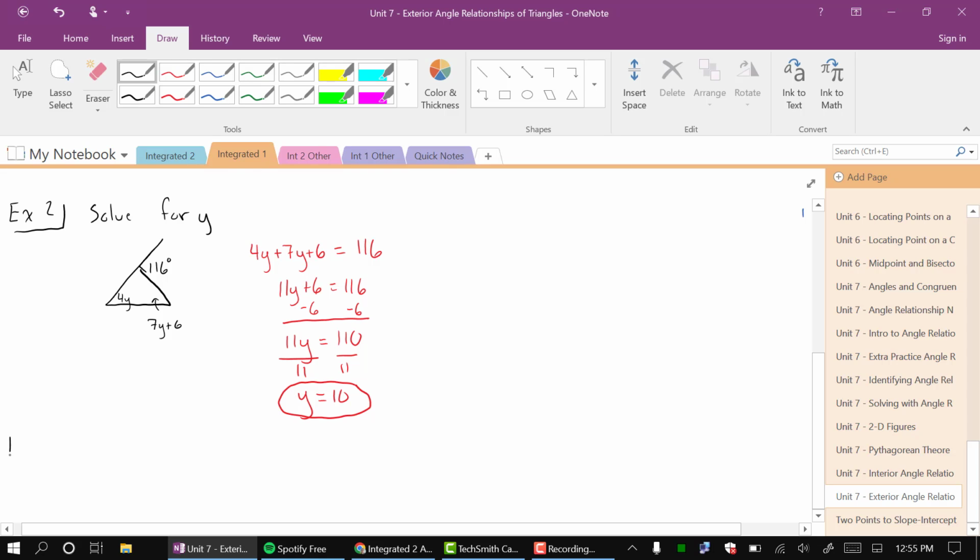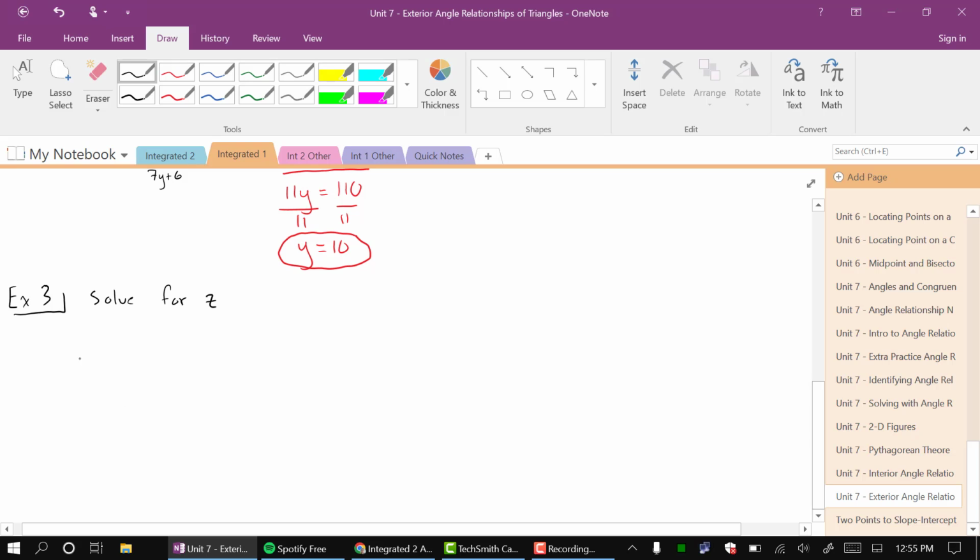Let's try another example. So example 3. For this one, we're going to solve for Z. So this is 161 degrees.